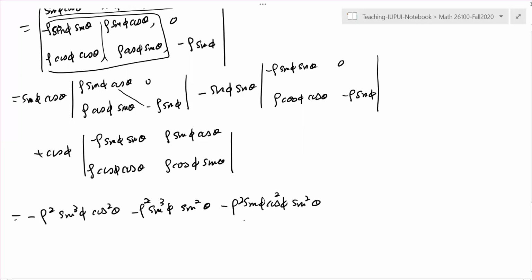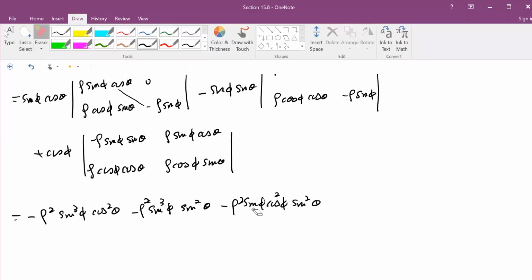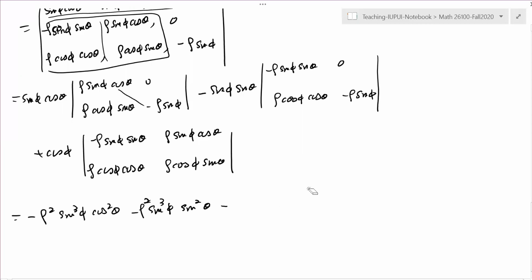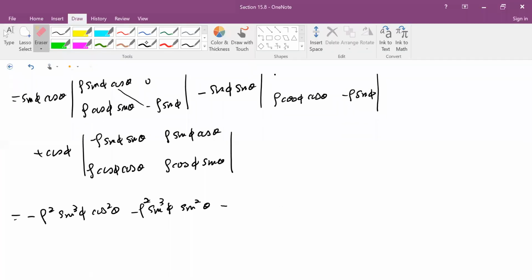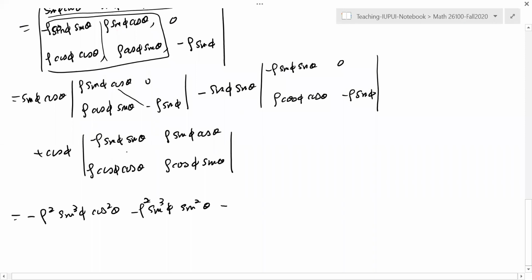But okay, I'll have to erase this. This is a little bit complicated. Then you have to finish the matrix first, then you multiply by the term outside. So let's see, the cross product, and the cosine phi, sine phi, sine theta, and here a cosine theta. So you have a rho square sine phi and cosine square phi.